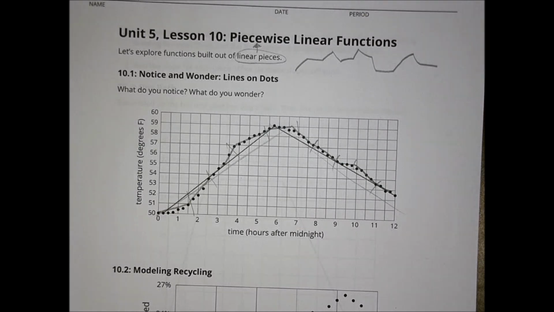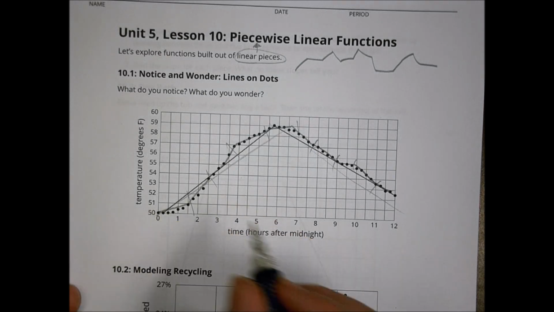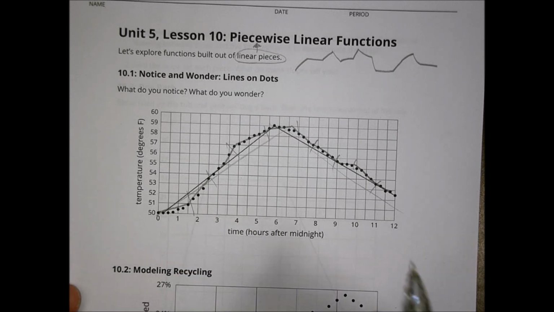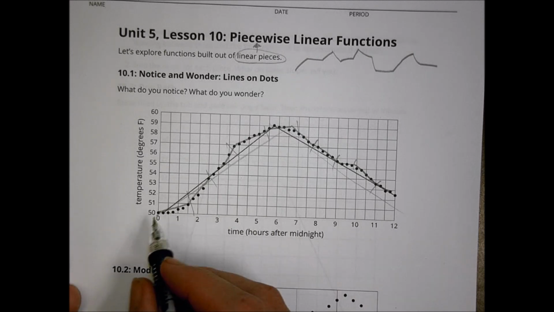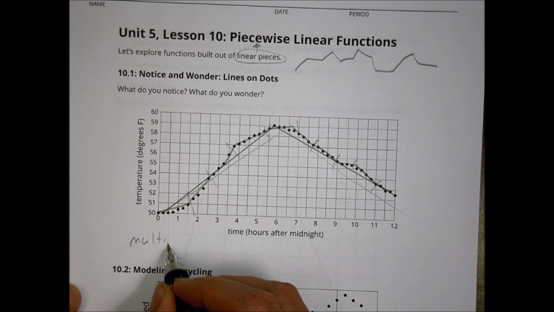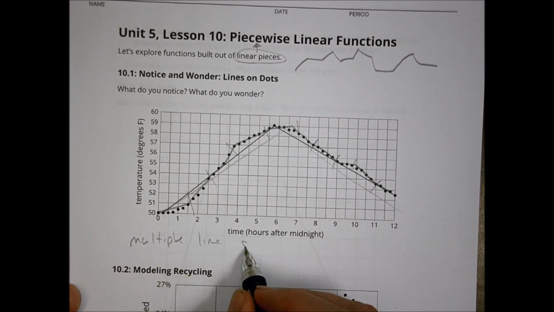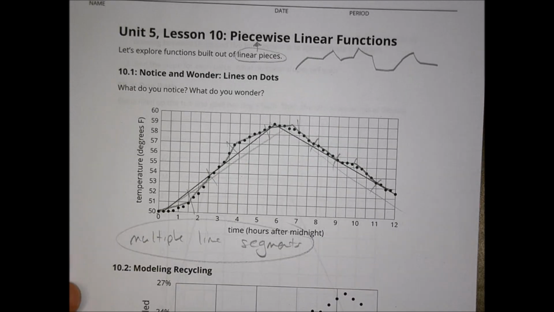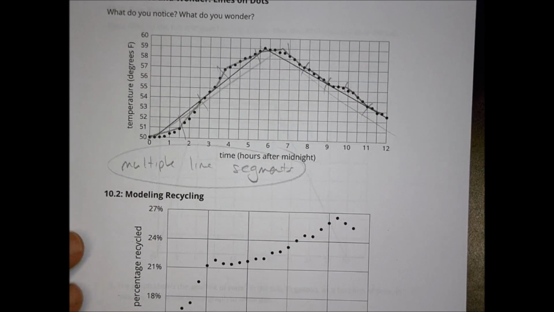That's breaking things apart into linear pieces. And so today, we're going to start looking at this. These are piecewise linear functions, which are multiple line segments. We chop our models into multiple line segments.